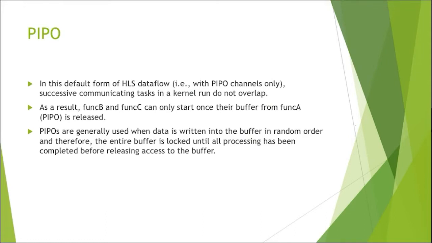So in this case, functions B and C have to wait until the process of function A is done. And FIFO is used when the data is written into the FIFO randomly. So in this case, we cannot use FIFO, because the data generated has to have the same sequence in which the data is consumed.